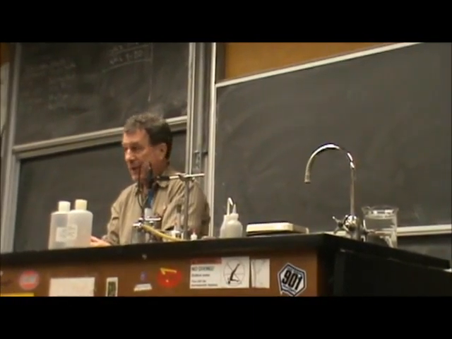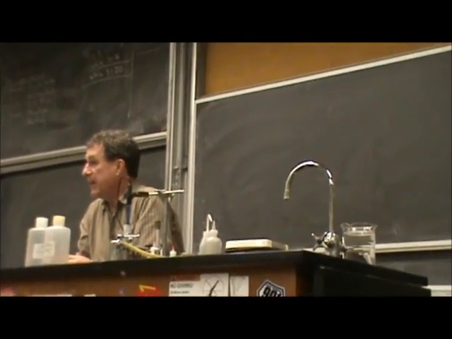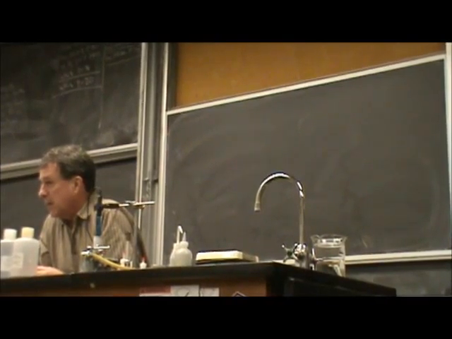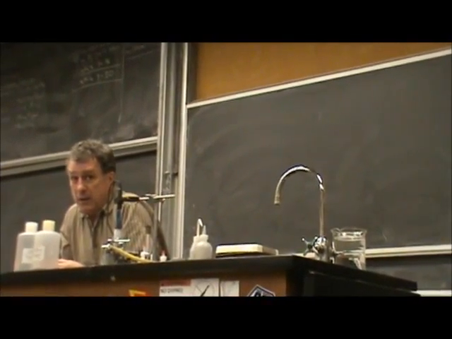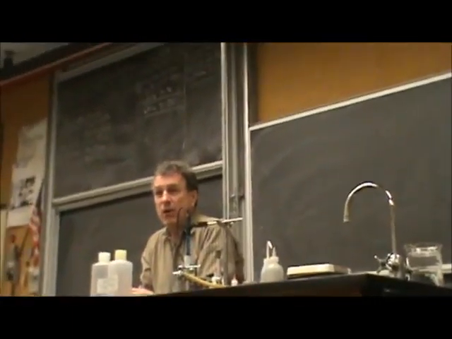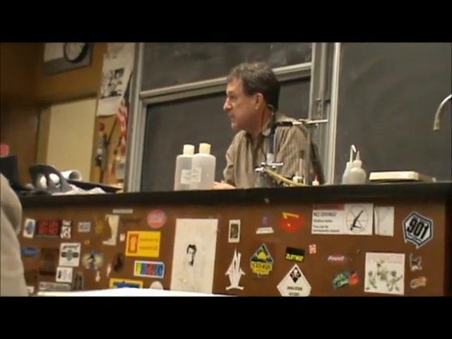What's the difference between a Bronsted-Lowry base and a Lewis base? Nothing. All the Bronsted-Lowry bases are also Lewis bases. Everything that's a Lewis base is also a Bronsted-Lowry base.